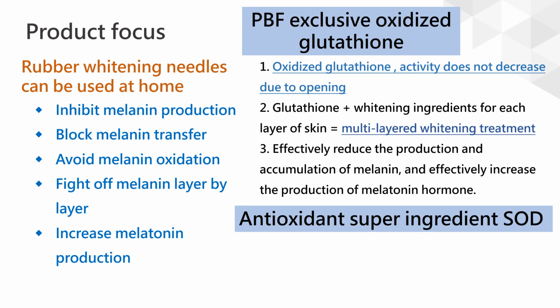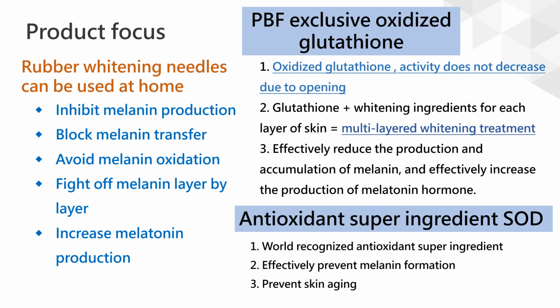So it's safe to say that our PBF exclusive oxidized glutathione is even more effective to reduce the accumulation of melanin and increase melatonin hormone for a whiter face. Lastly, we have our super ingredient, our antioxidant superoxidase, which is, as I've mentioned, a very powerful antioxidant which prevents melanin production and helps prevent skin aging, skin damage, and skin darkness.